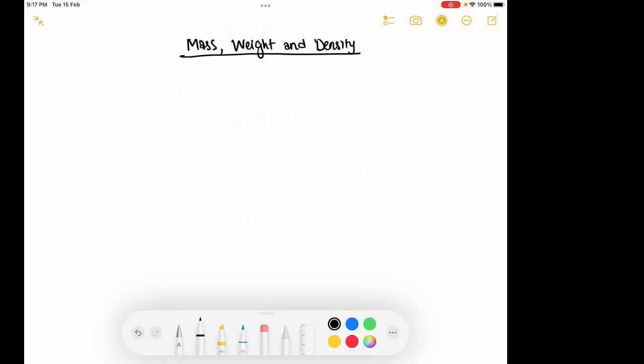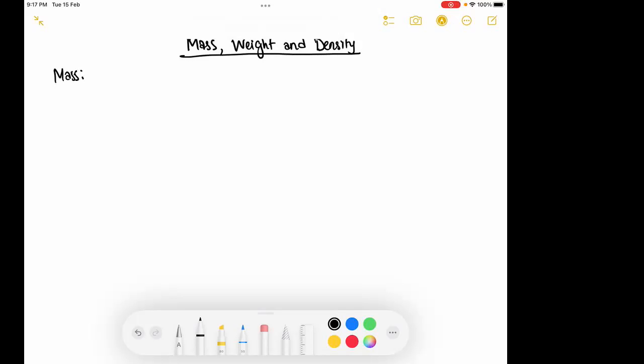All right, let's start mass and weight and gravitational fields. What is mass? It's an amount of substance.